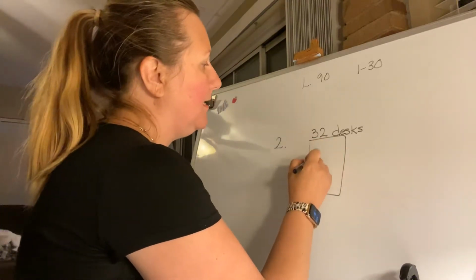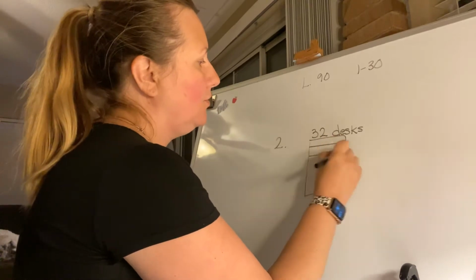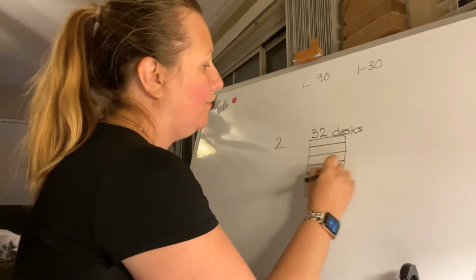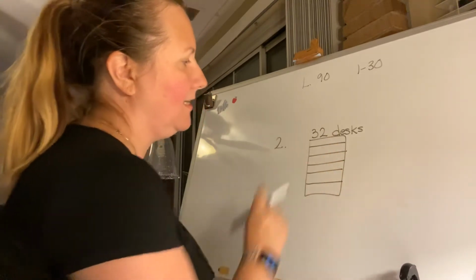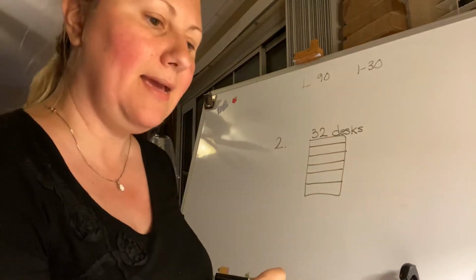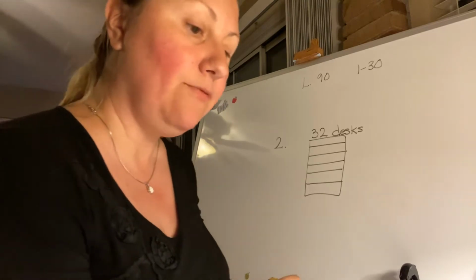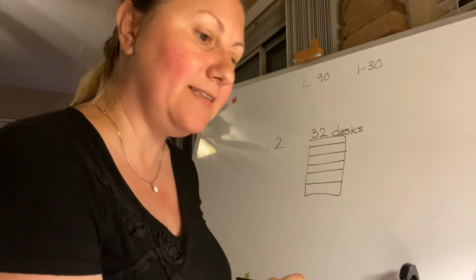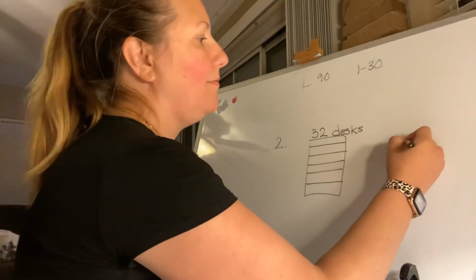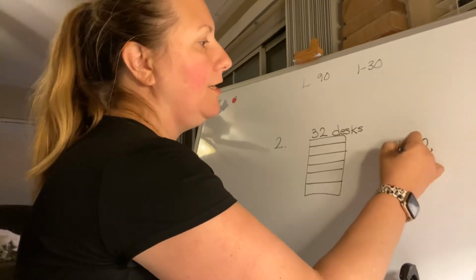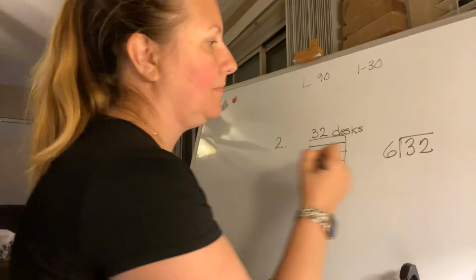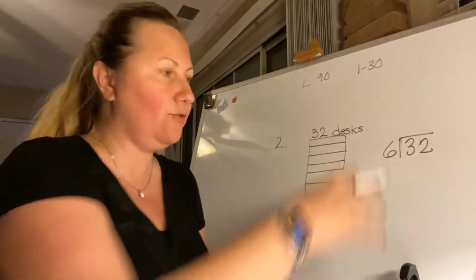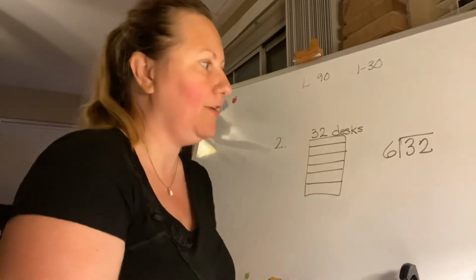So let's see, 1, 2, 3, 4, 1, 2, 3, 4, 5, 6, okay, and how many rows had 5 desks? So we are doing a problem that is 32 divided by 6 as evenly as possible, and of course we will have a remainder.